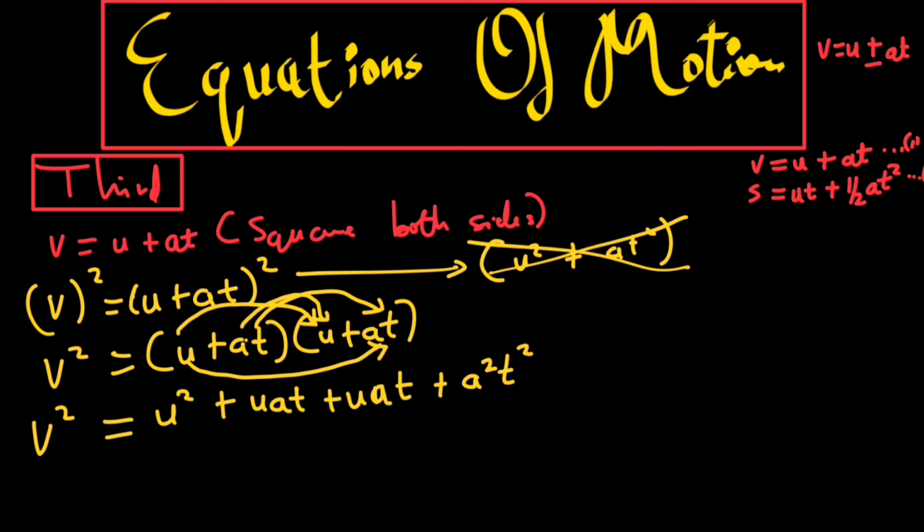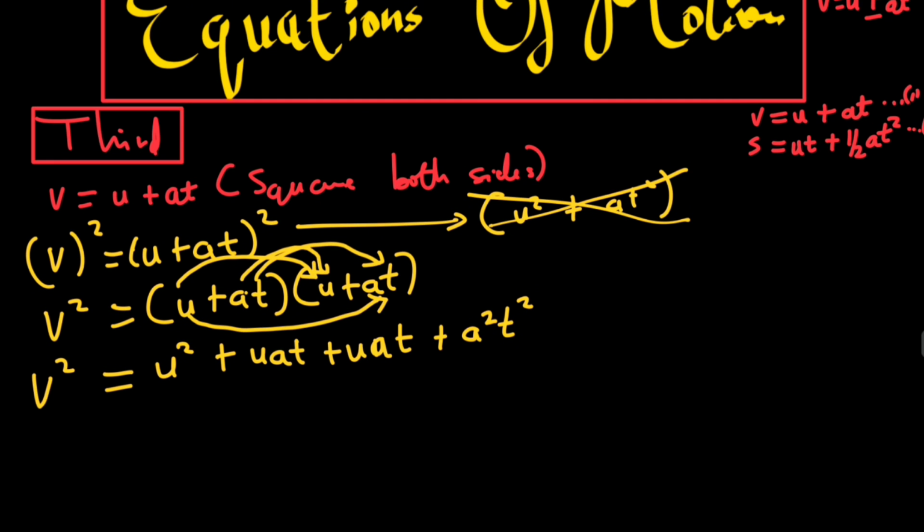So v squared equals u squared plus uat plus uat, that's 2uat, plus a squared t squared.